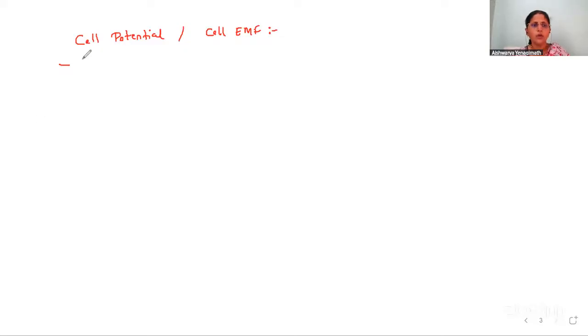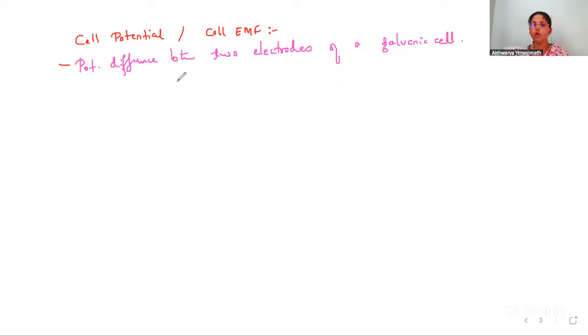It is the potential difference between the two electrodes of a galvanic cell.